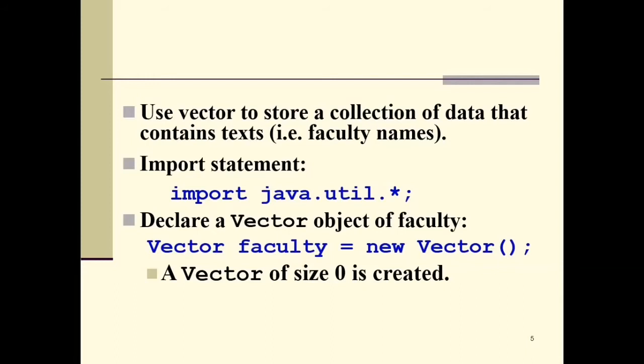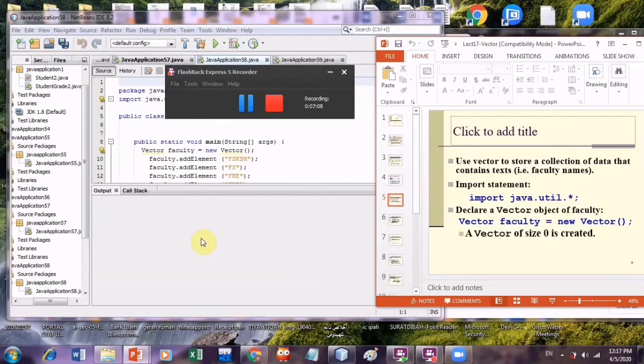Don't worry about the size because you don't need a specific size, because it will expand or shrink automatically. If you add, then it expands. If you remove, then it shrinks. It will happen automatically. So this is the first step: import java.util. This is the example.